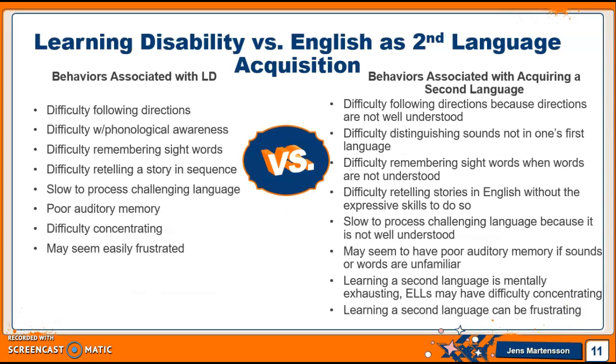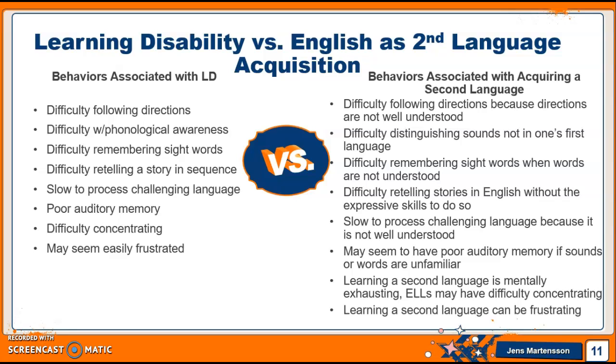Here's a comparison of some behaviors associated with a learning disability versus English as a second language acquisition. I felt that this was a very clear representation of why and how ELL students are being misidentified, because the behaviors are very similar.